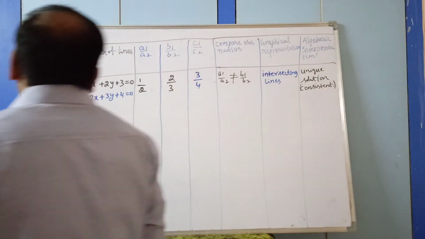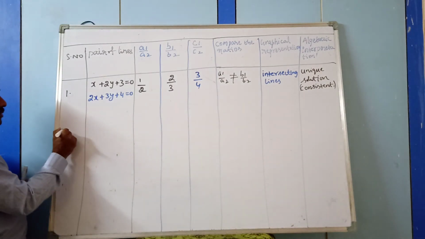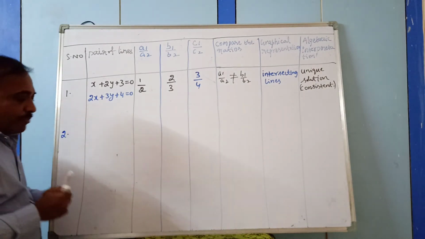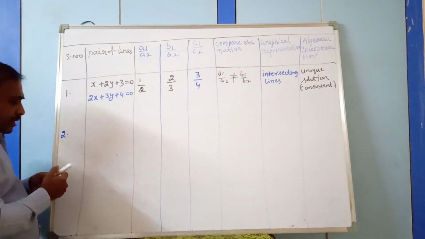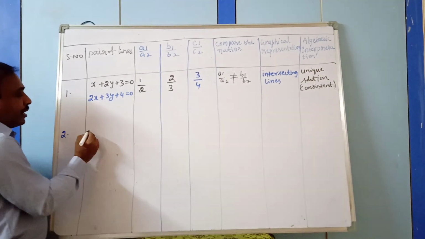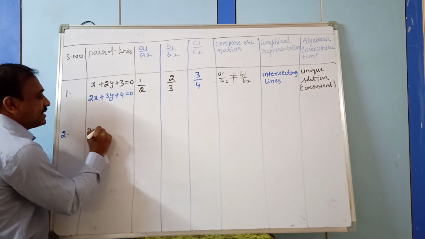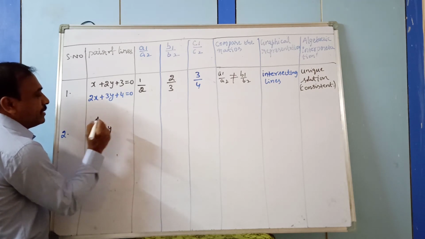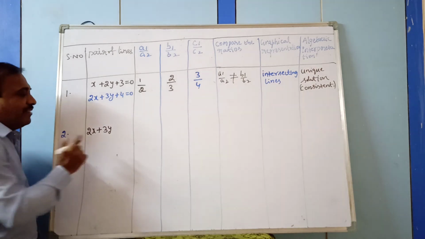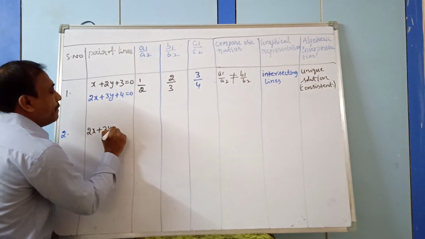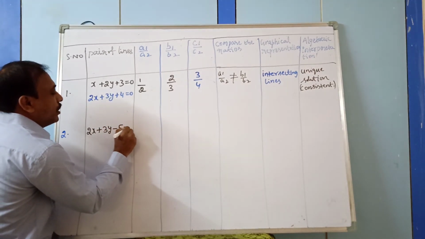Now we go to the second case. We take one more example. The first equation is 2x plus 3y minus 5 equal to 0.